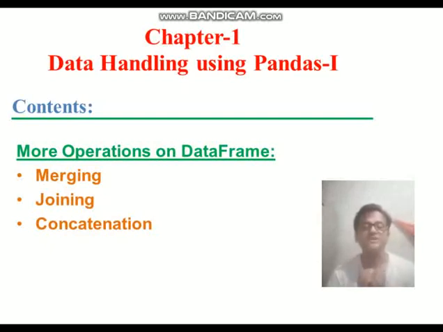But before starting all these operations like merging, joining and concatenation, I want to clarify that in the case of merging, data joins horizontally. In the case of joining, data joins horizontally. But in the case of concatenation, data joins vertically. And the important functions associated with all the joining operations: in the case of merge, we use the merge method.